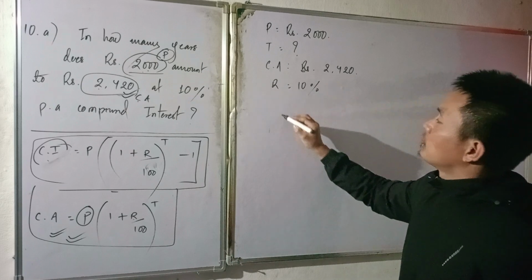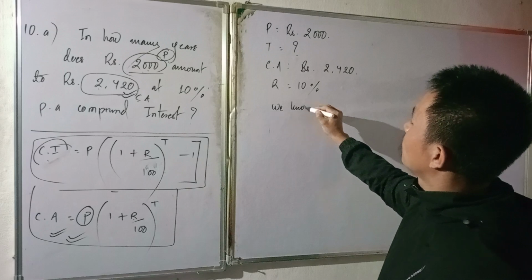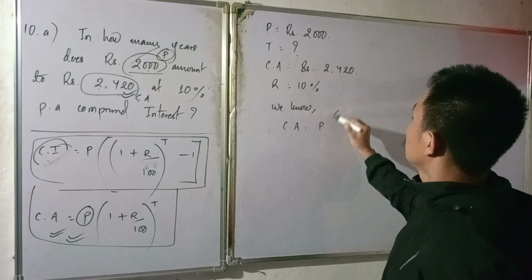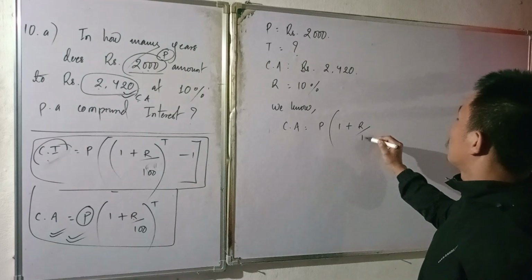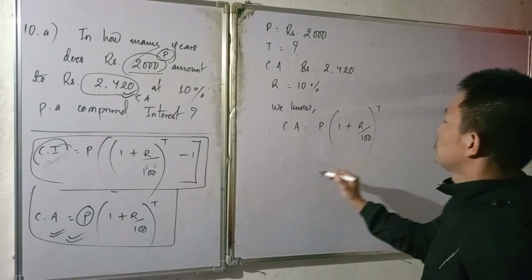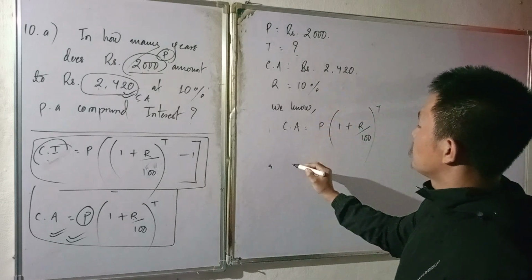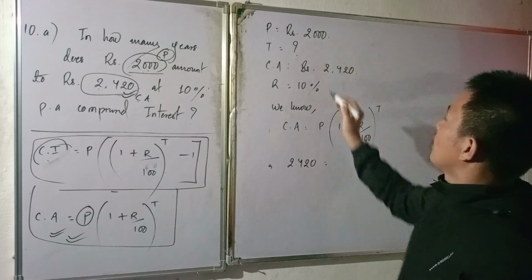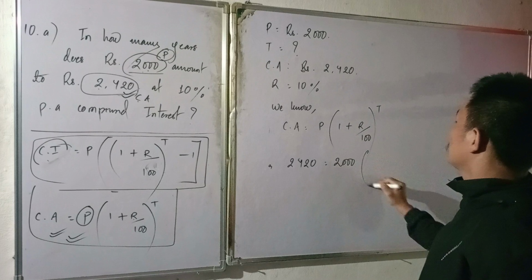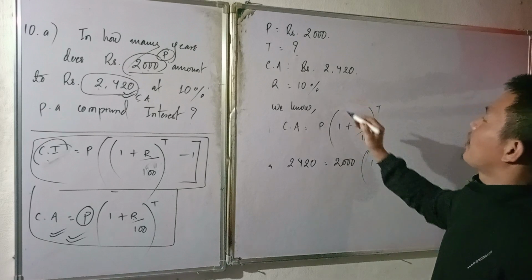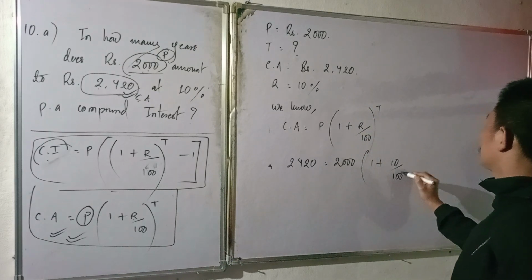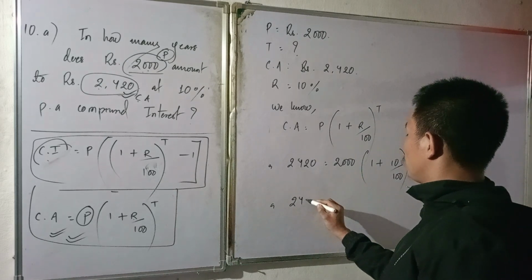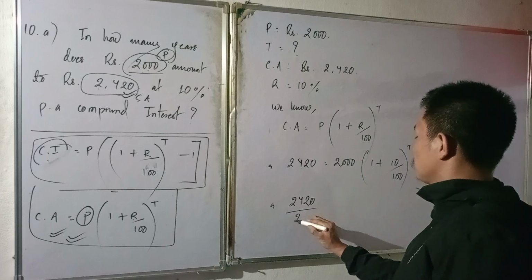So we know compound amount equals P times bracket 1 plus R by 100 power T. Replace CA by 2420, P is 2000, and R is 10 by 100 power T. Now just divide 2420 by 2000.